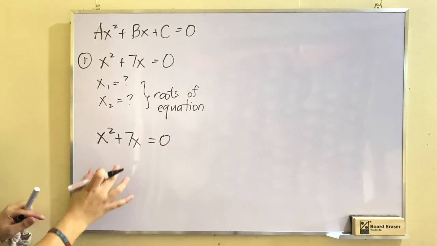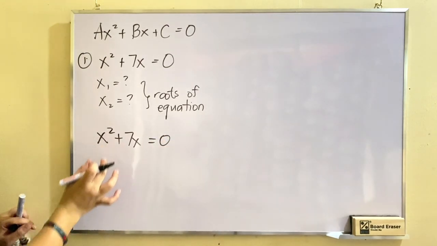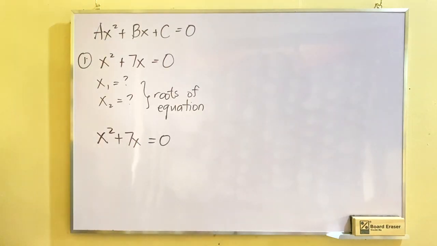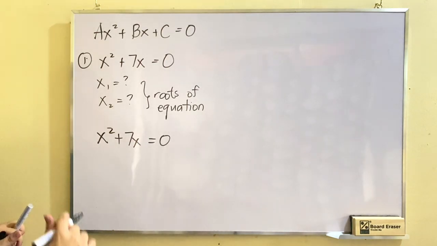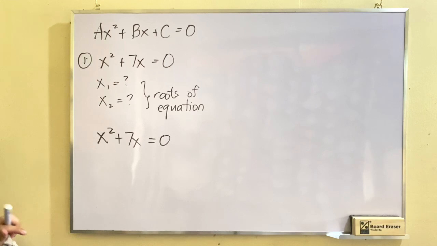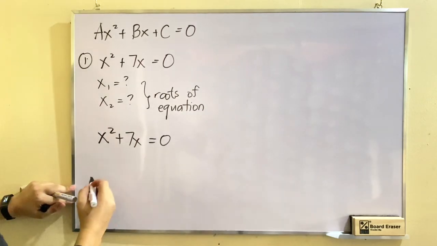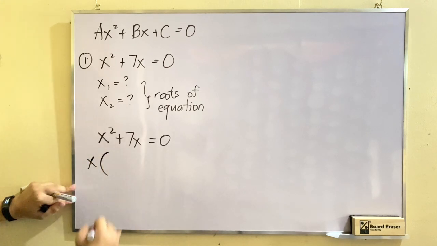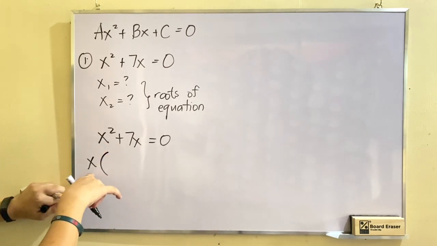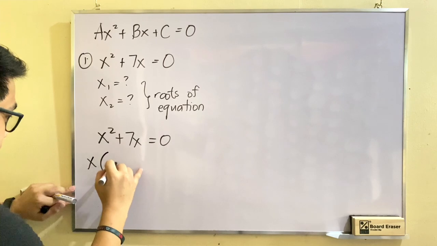Pansinin natin kung ano ang common sa dalawang terms, sa x squared at sa 7x. Anong common sa kanila? Tama, meron silang x. At ano ang ginagawa natin sa mga x? Tama, paalisin natin sila or ilabas natin. So, x times x squared divided by x is x.